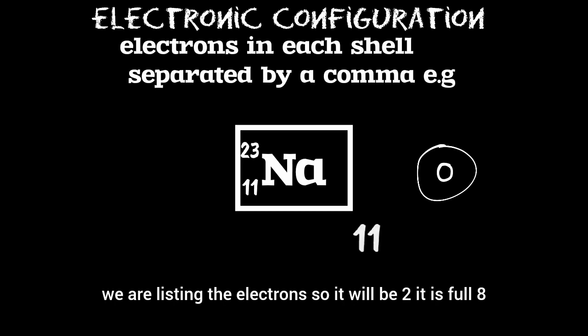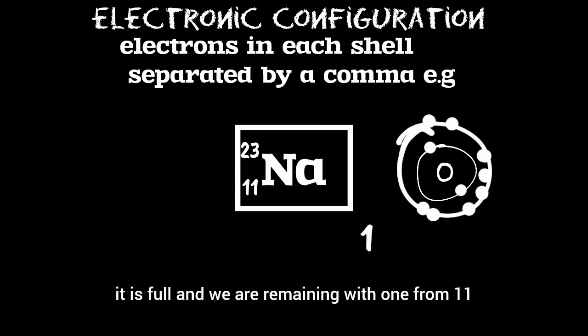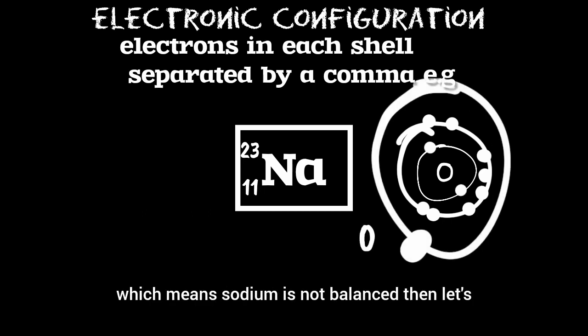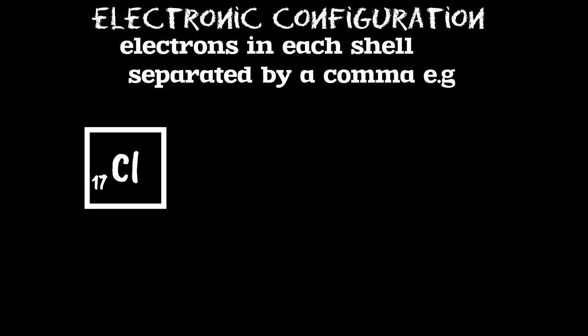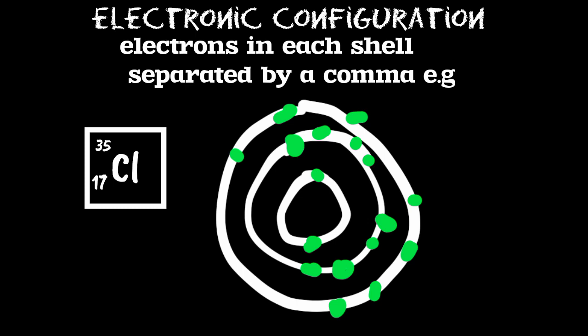So it will be 2, it is full, 8, it is full, and we are remaining with 1 from 11, so it will have 1. Which means sodium is not stable. Then let's try chlorine. Chlorine has 17 electrons and nucleon number 35. So the electronic configuration will be 2, 8, 7. It only needs 1 to gain a noble structure.